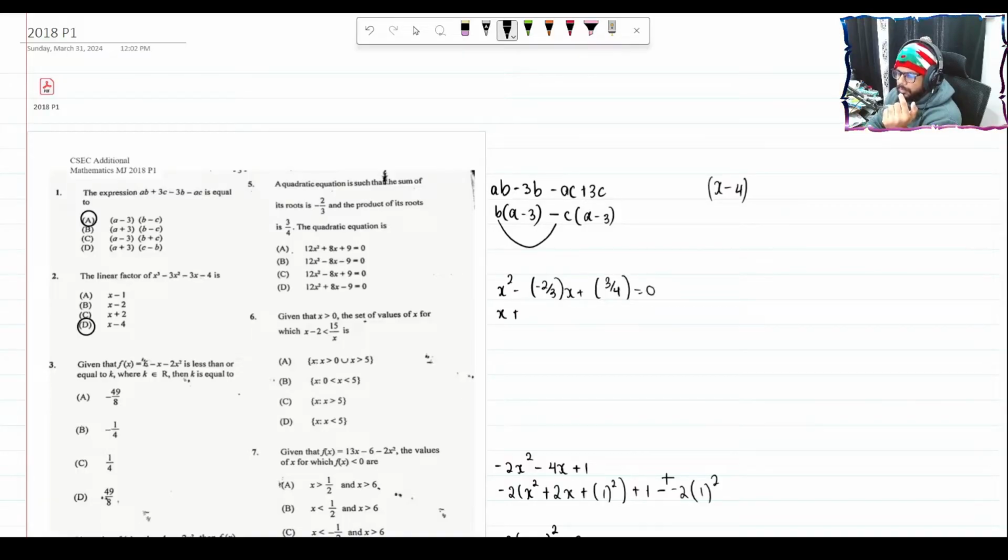So x squared plus 2/3 x plus 3/4 is equal to 0. Multiply both sides by 12: 12x squared, 3 goes into 12 4 times, 4 2s are 8. 4 goes into 12 3 times, and 3 3s are 9. So 12, 8, and 9.